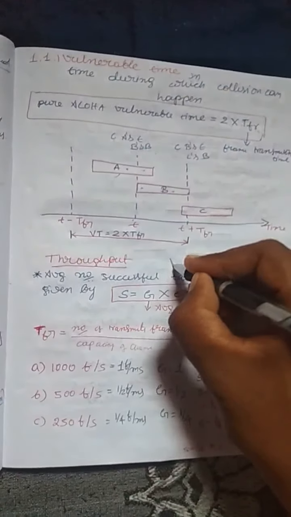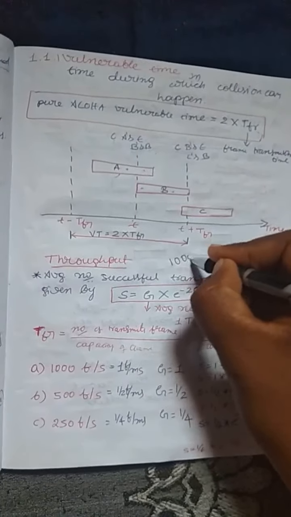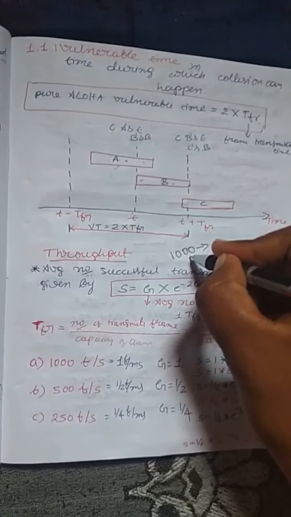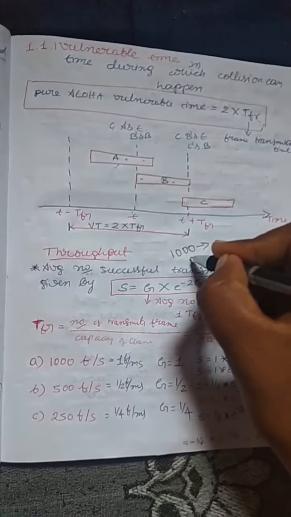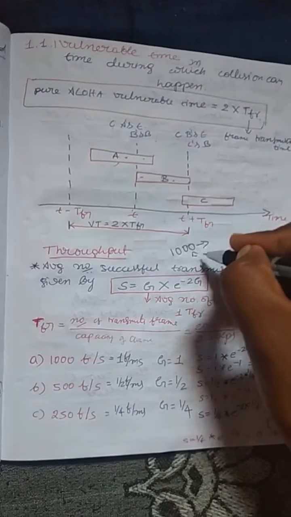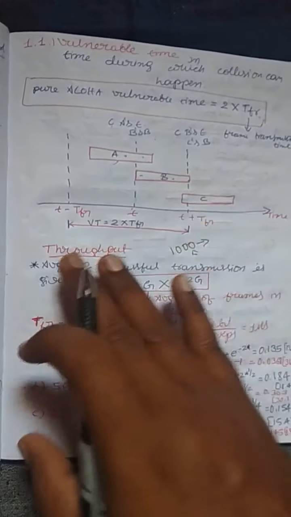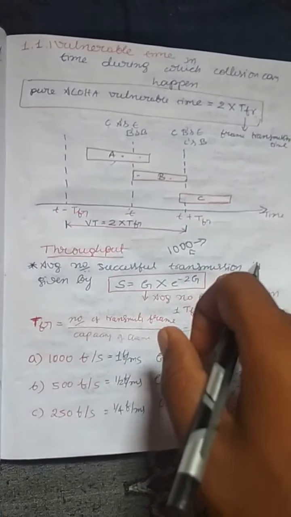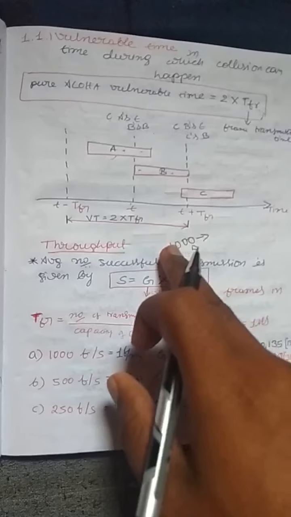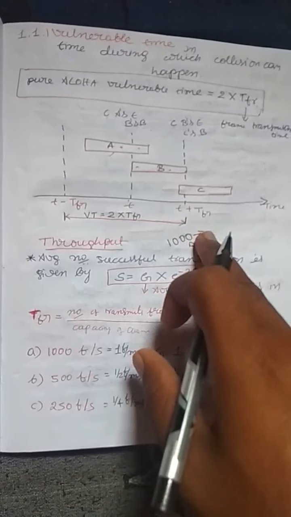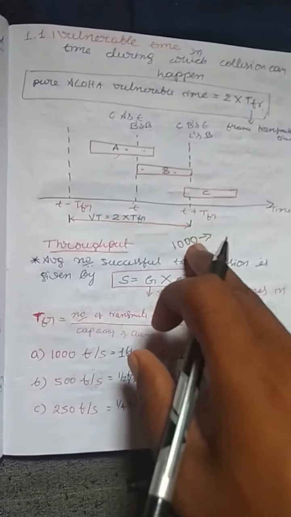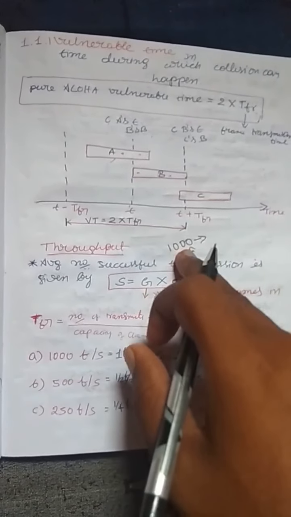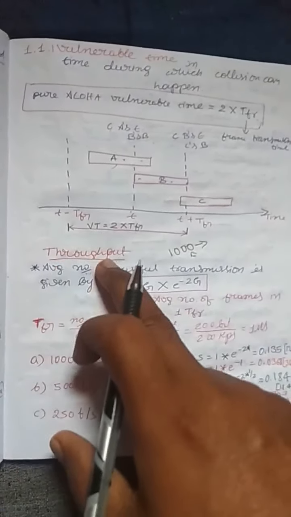Suppose you are sending 1000 frames, how many frames are successful out of this 1000 is called throughput, means the average number of successful transmissions. That is the throughput.